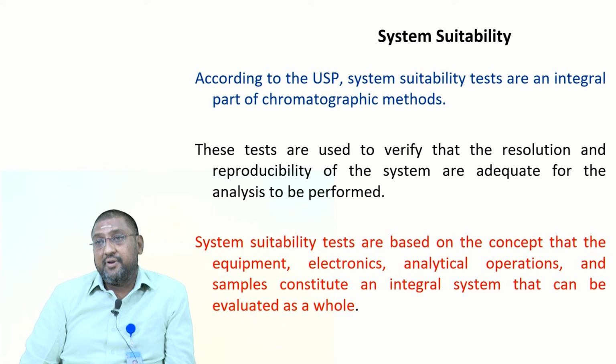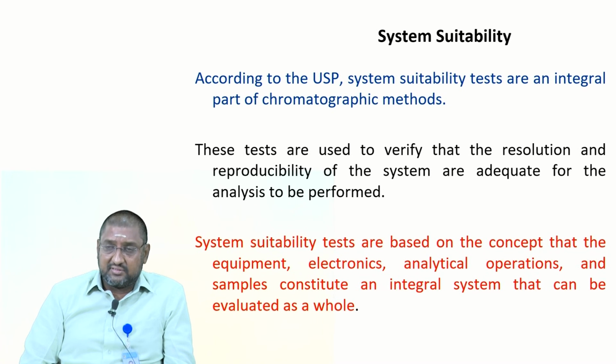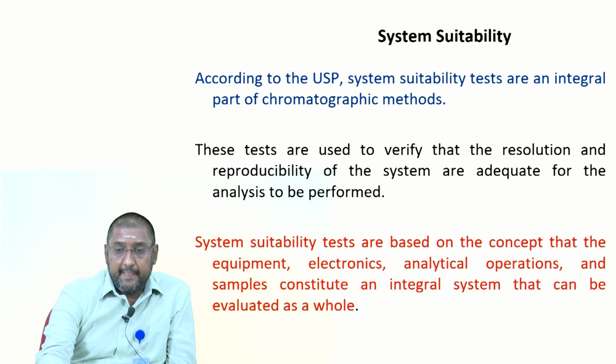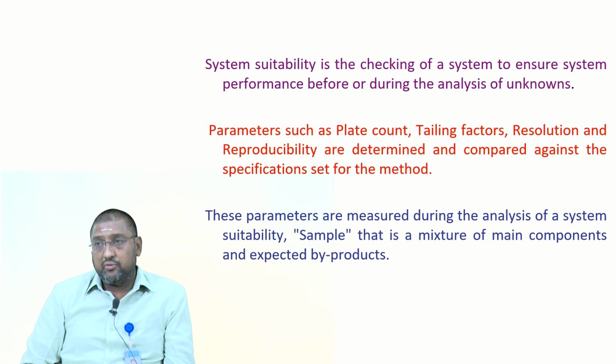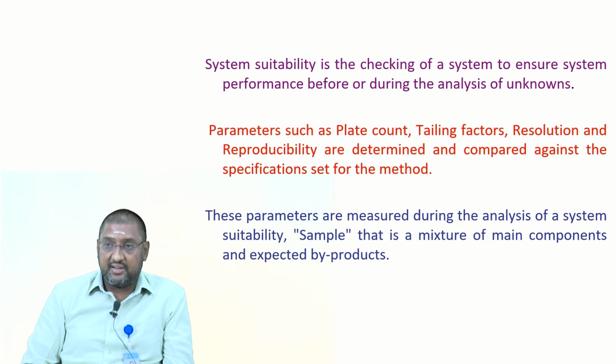So, system suitability. What is system suitability? It is nothing but whether the system, the method you developed, is suitable or not, and you have to justify that. You have to ensure that your values are reproducible and your resolution factors are reproducible. Parameters such as plate count, tailing factor, resolution and reproducibility are determined and compared against the specifications set for the method.